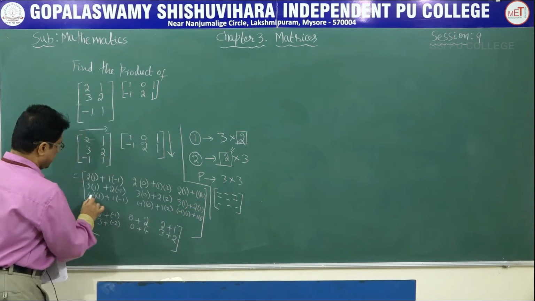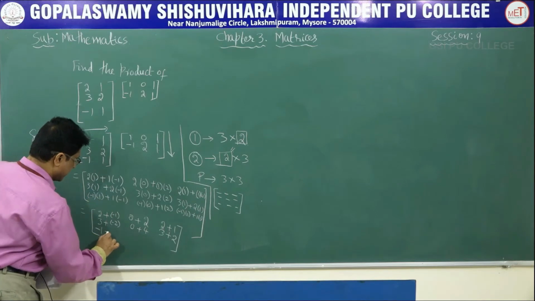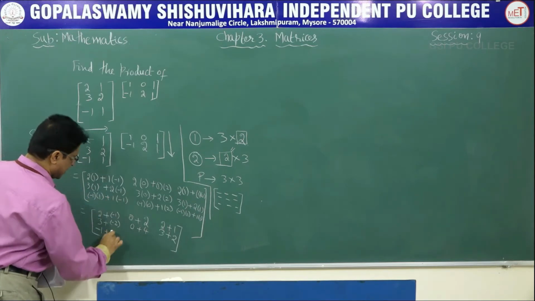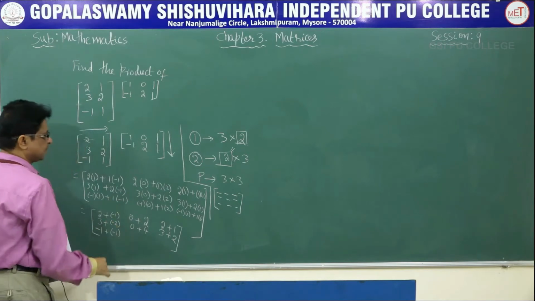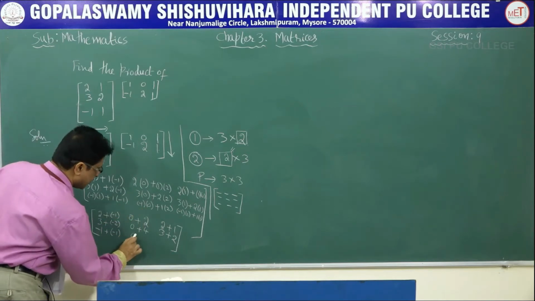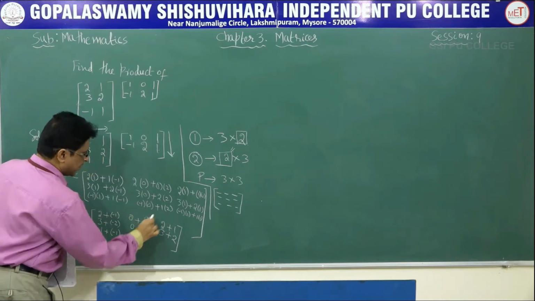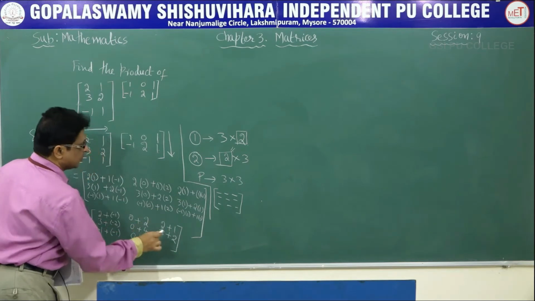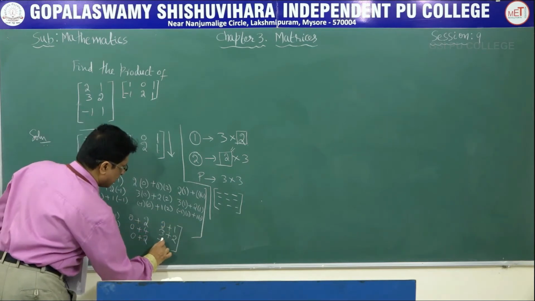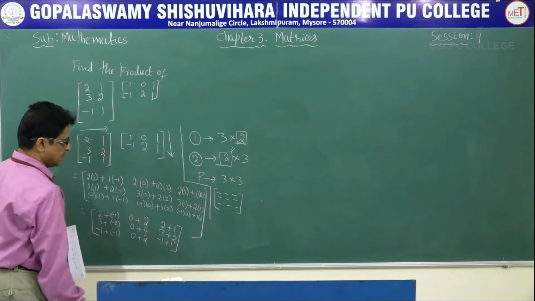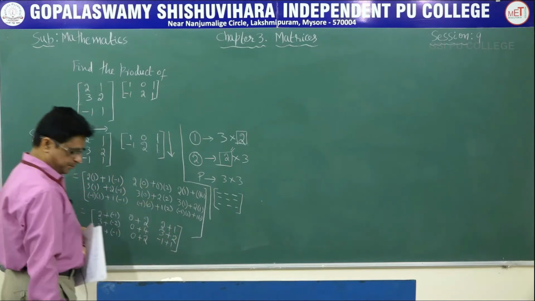Minus 1 into 1, minus 1 plus 1 into minus 1, minus 1; minus 1 into 0, 0 plus 1 into 2, 2; minus 1 into 1, minus 1 plus 1 into 1, 1.